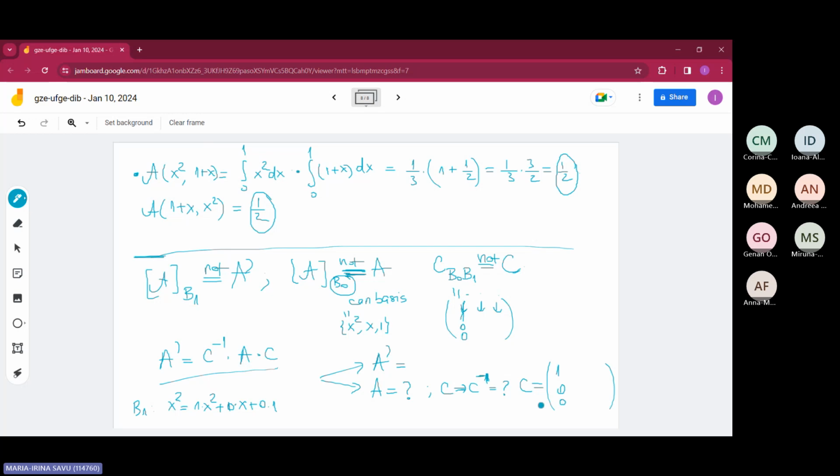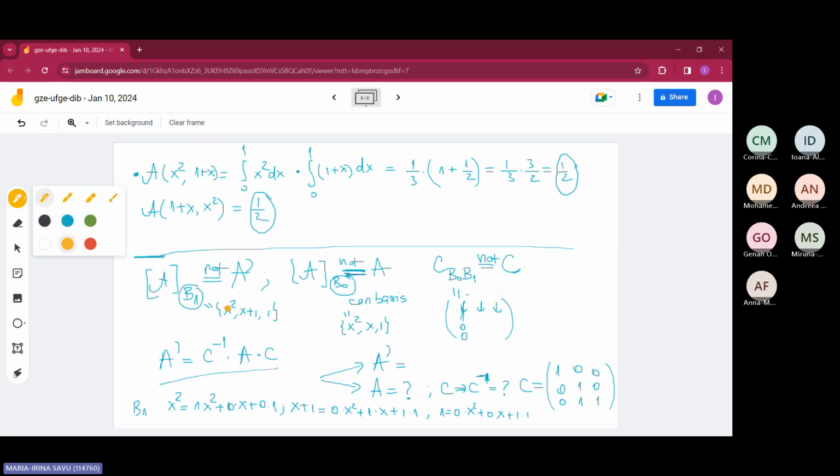Then x plus 1 from B1 is 0 times x squared plus 1 times x plus 1 times 1. So this is 0, 1, and 1. And 1 from here is 0 times x squared, 0 times x plus 1 times 1. So we have 0, 0, 1.